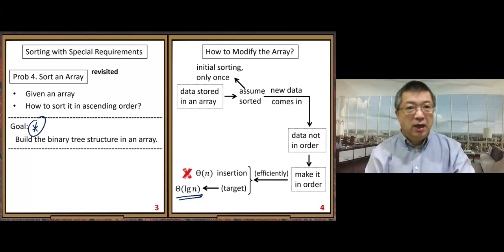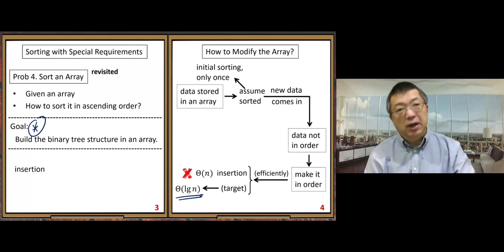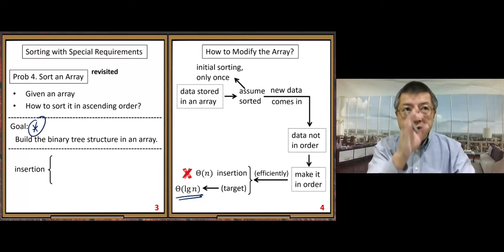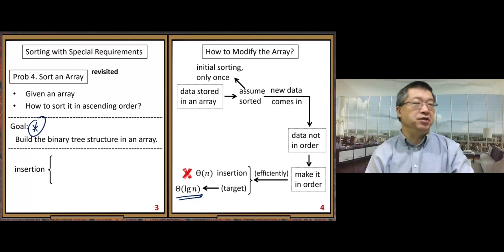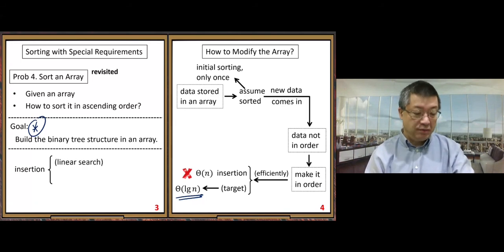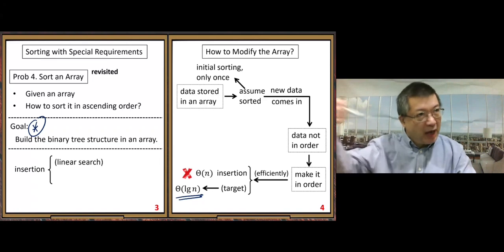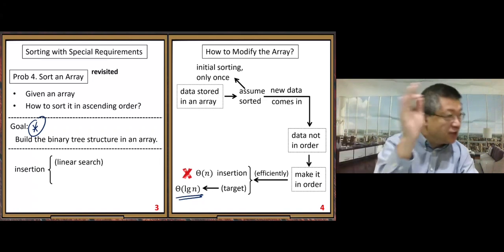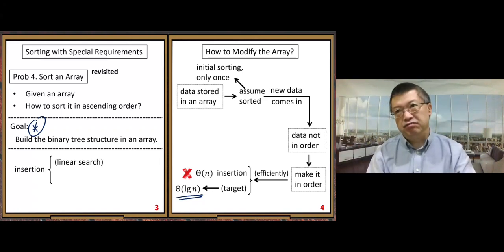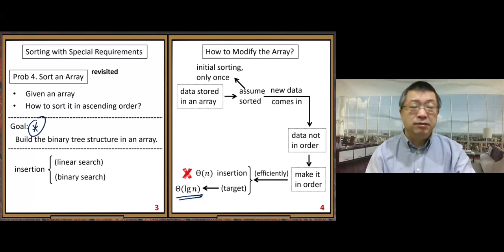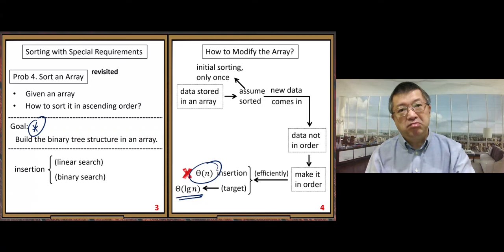Next, let's look at the solution, the insertion part. Based on our experience, we have two different types of insertion. The first type is linear search, from the last to the first, one by one. We don't like that; it's big theta of n efficiency.